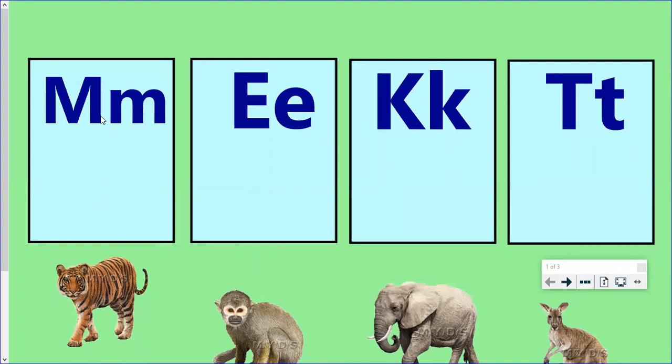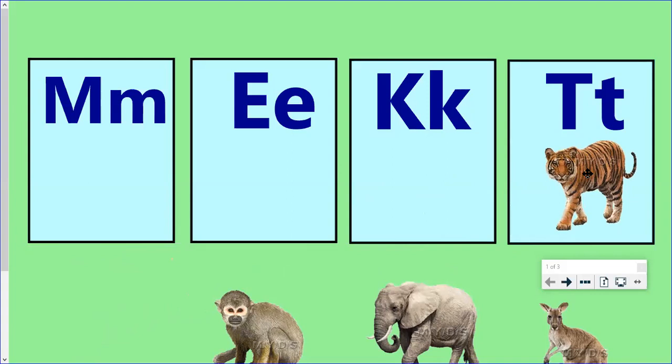Would I put it under the letter M, which makes the M sound, the E, the K, which is a K sound, or the T, which makes the T sound? Tiger? Yes, we would put tiger under the letter T.